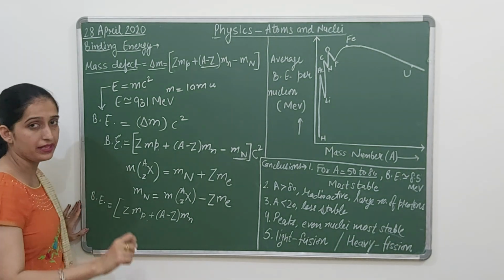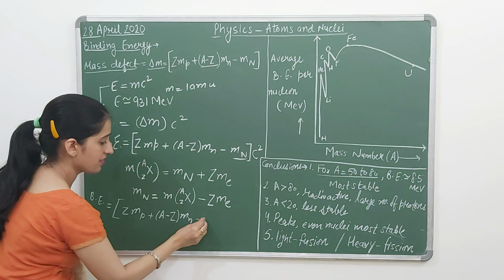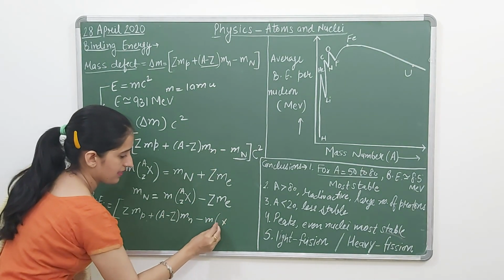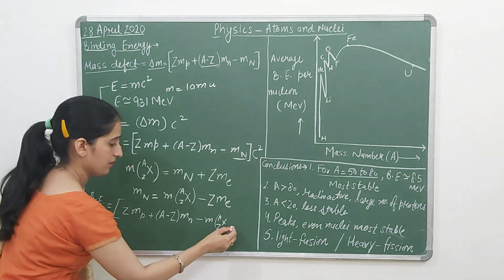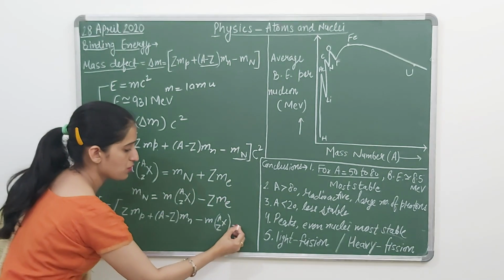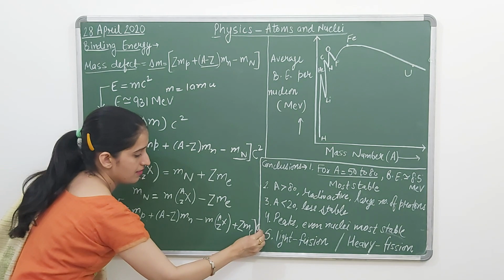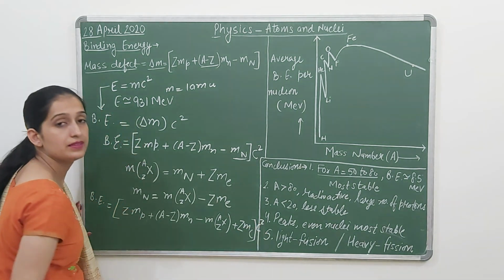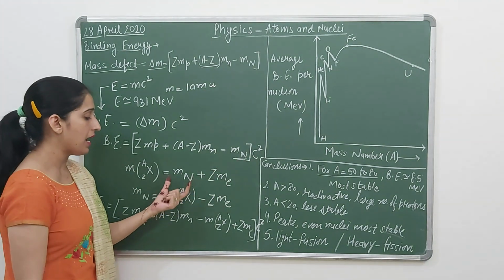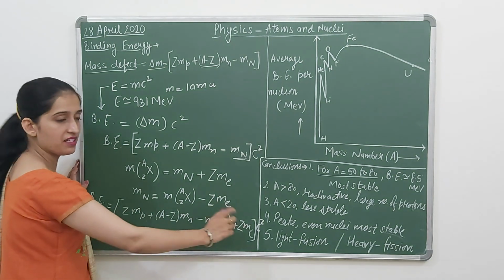Keep it in your mind. So Mn is this, I am replacing it. Here a negative sign is there, so it will become negative M(X,A,Z). Negative minus Z Me, one negative is here, so I get positive Z Me, times C square. I have replaced mass of nucleus by mass of atom minus mass of all electrons. So I get this equation.